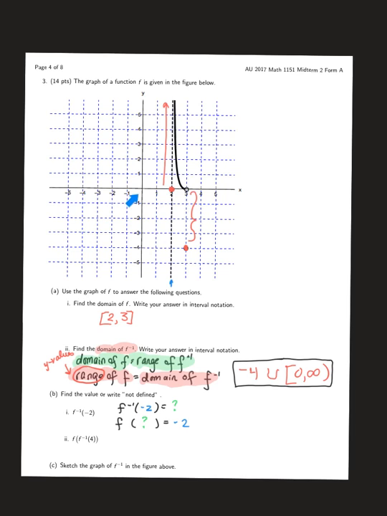So what number do we plug into our function to get -2? Well, at a y value of -2, our function doesn't exist. So F inverse of -2 is not defined.